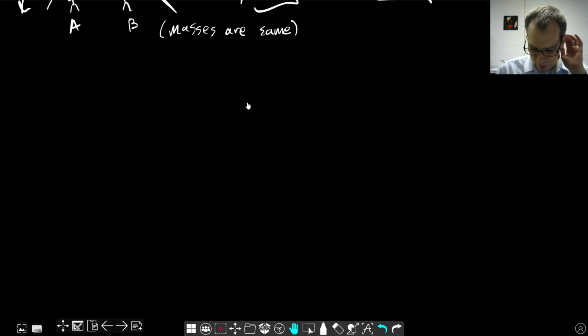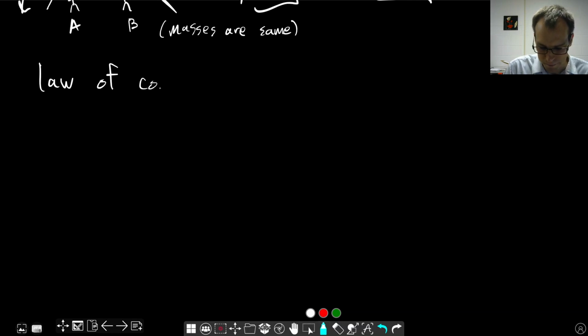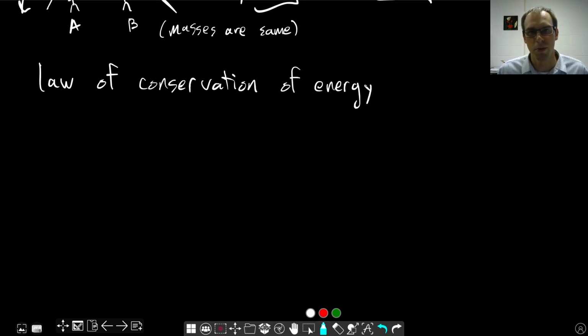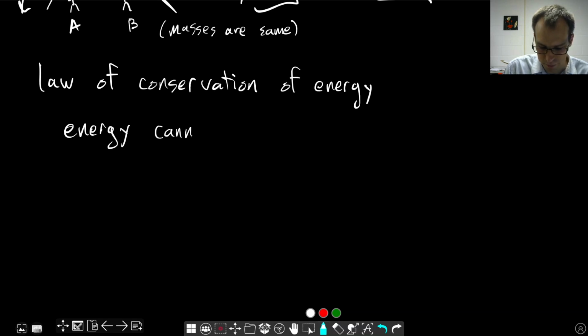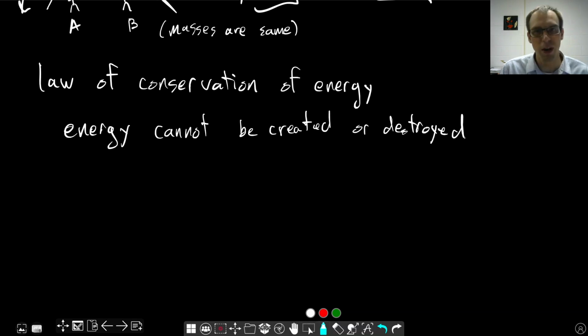A second important property of energy is what we call the law of conservation of energy. This is similar to the law of conservation of mass, which we've alluded to when we were thinking about chemical reactions. This is that energy cannot be created or destroyed. We can only transform energy from one form to another.